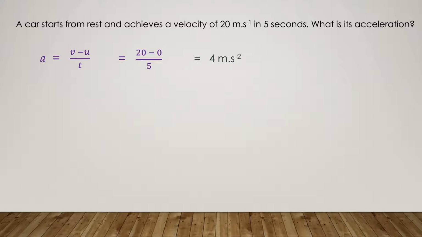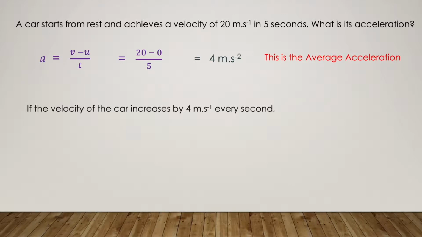What this would mean is that the velocity of the car increases by 4 meters per second every second. However, in this case, 4 meters per second square is the average acceleration because we only know the initial velocity and the final velocity. We do not know the velocities in between.